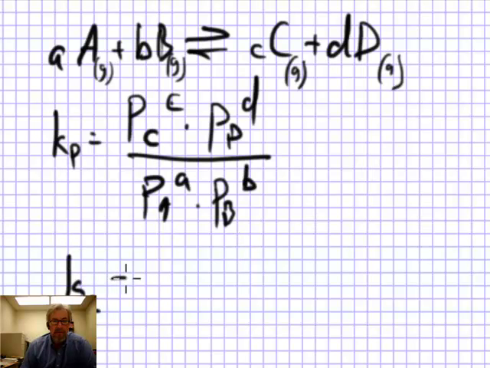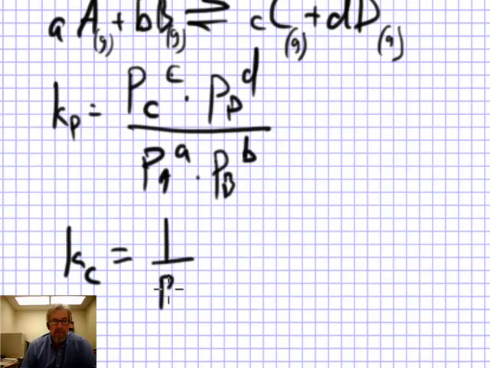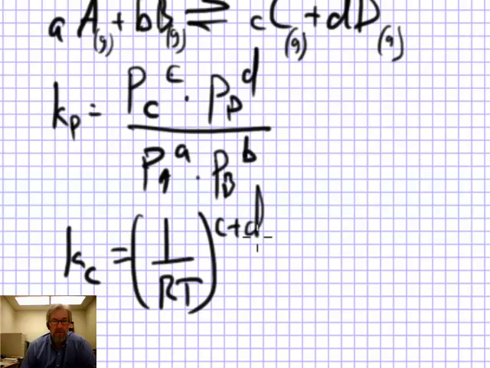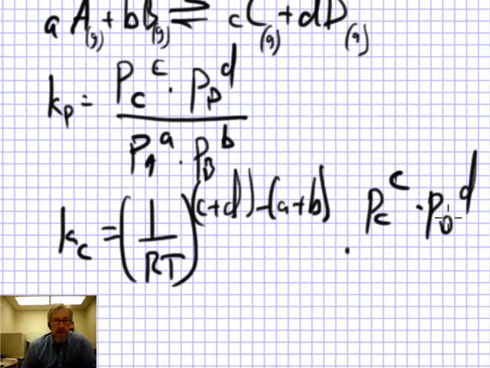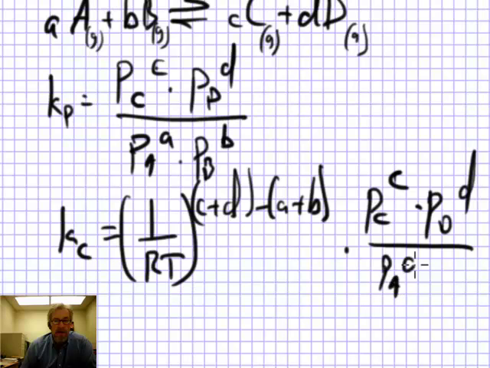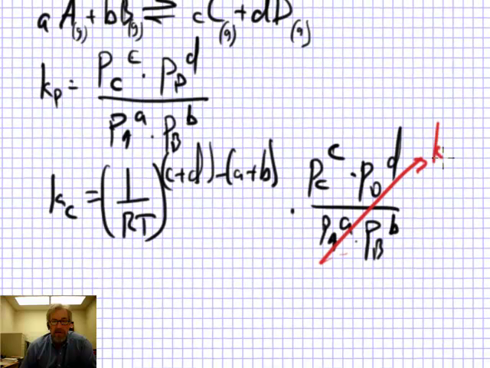But remember, when we were developing this, we found that Kc was equal to 1 over RT raised to the (c plus d) minus (a plus b) times Pc to the c times Pd to the d over Pa to the a times Pb to the b. So that could be replaced just with Kp.